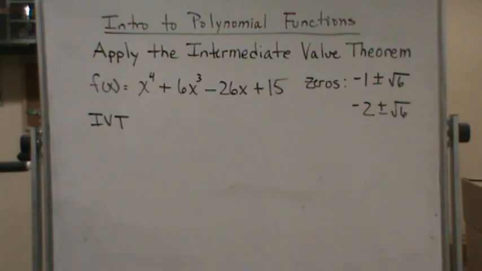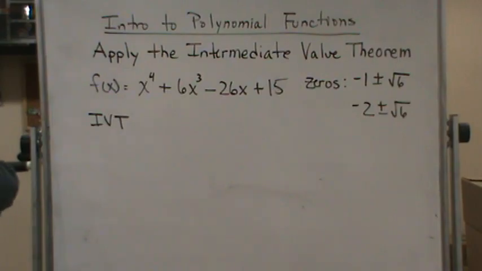In cases where we can't determine exactly where the zeros might be, even if we use numerical approximation techniques, we often want to know the existence of zeros. Do zeros exist in a particular interval, for example?